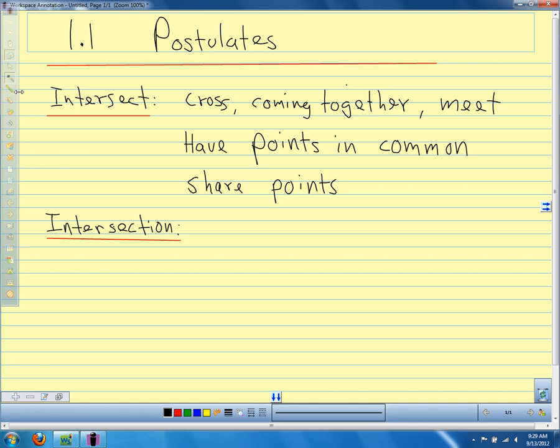The intersection of two figures are the points that they have in common, or we can think of them as the points that they share.